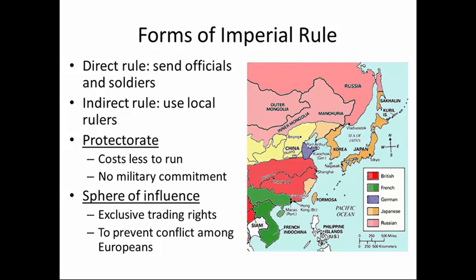The last thing we need to look at are some forms of imperial rule. So the first one is going to be direct rule and indirect rule. Direct rule is used mostly by the French, and we'll see what that looks like later. But with direct rule, you send officials and soldiers from the mother country to go administer the colony.